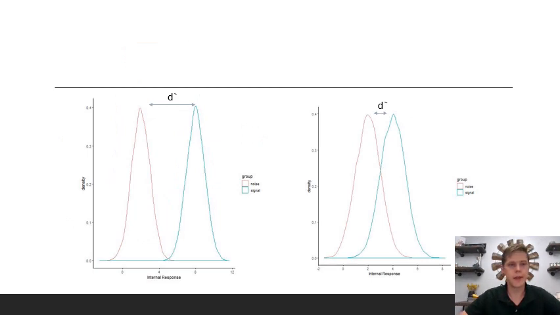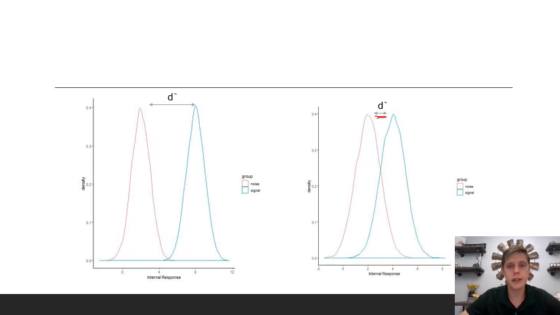Okay, so here we have the graph that we were just playing around with, our signal and noise distributions and our d prime. And here is another figure showing the exact same signal and noise distributions, but the key is that our d prime is a much smaller number.